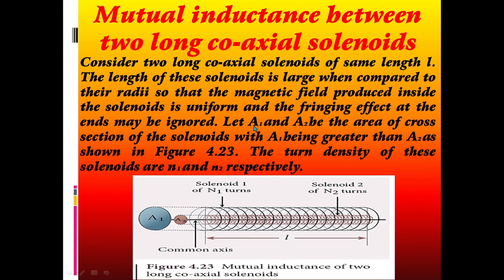Let A1 and A2 be the areas of cross section of the solenoids, with A1 being greater than A2. So this condition is very important, A1 being greater than A2, as shown in the figure. The turn densities of these solenoids are n1 and n2 respectively.